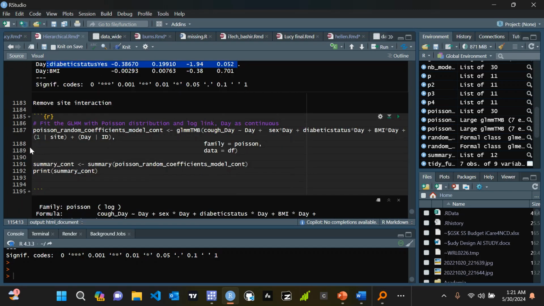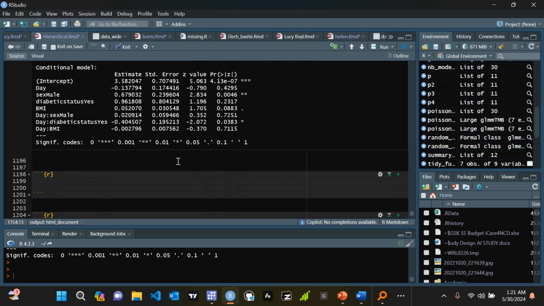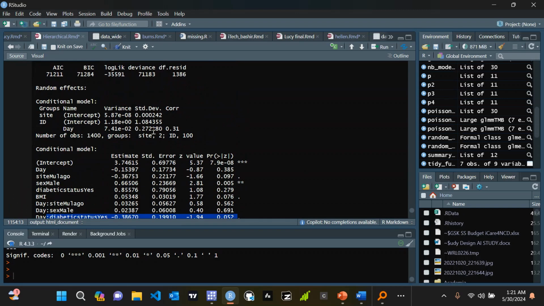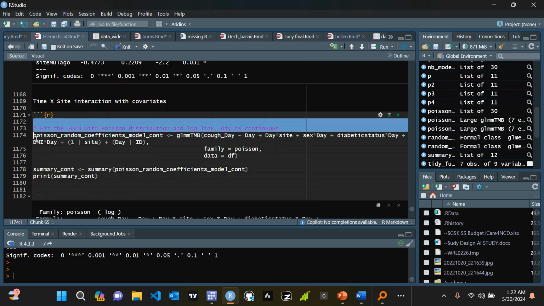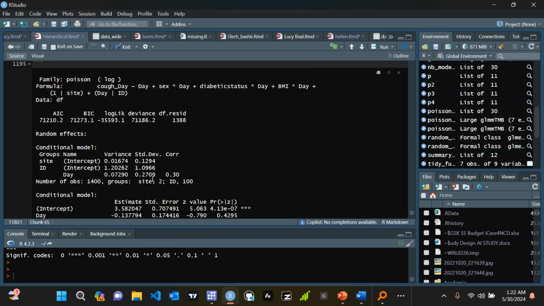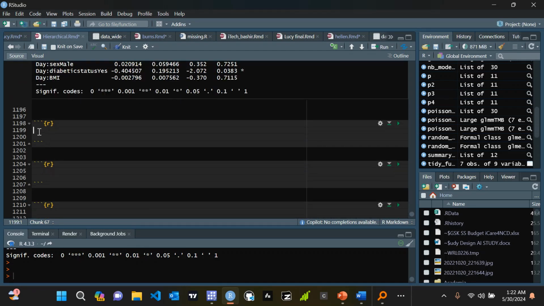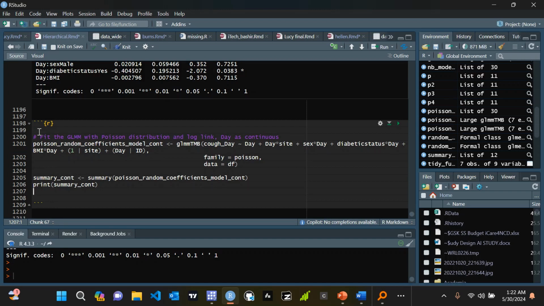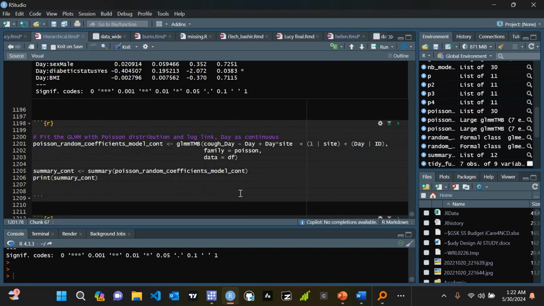But let's do it one by one. Let's first remove other interaction terms and only include the site and time.